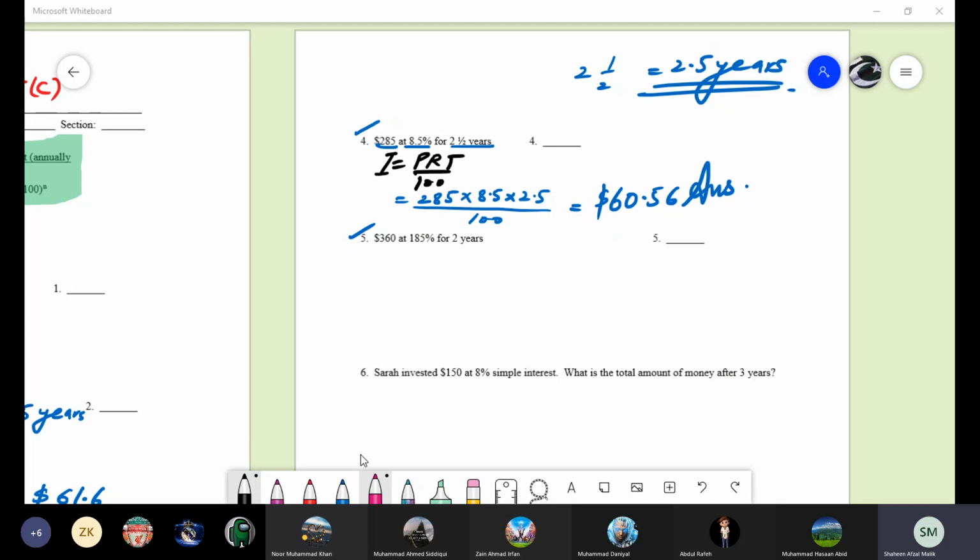Okay, then Daniel can solve. Muhammad Daniel, can you solve, beta? Yes, ma'am, I can. We'll use the formula I is equal to PRT over 100. Then we're going to put in the values: 360 multiplied by 185 multiplied by 2 over 100.